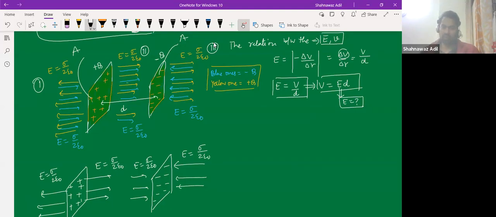Okay, so I'm asking that there are three regions, right? It may happen that in some region the electric field due to positive and negative are cancelling out, and in some region they are adding. So in which region are they adding up and in which are they cancelling out?